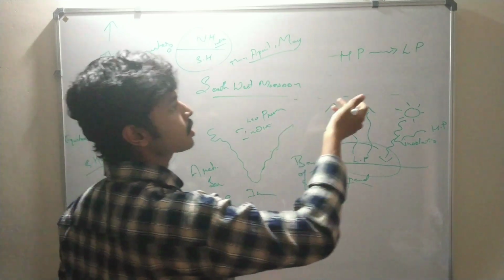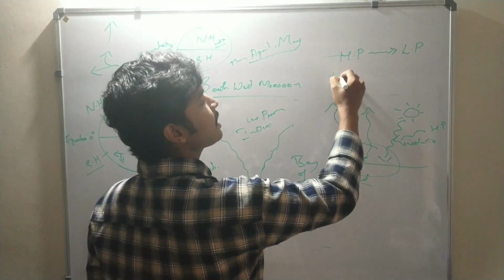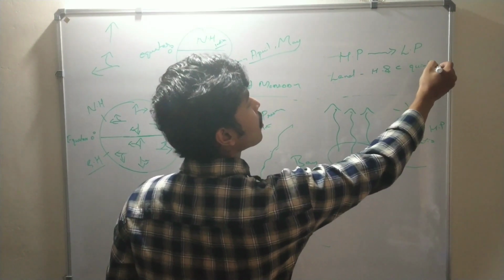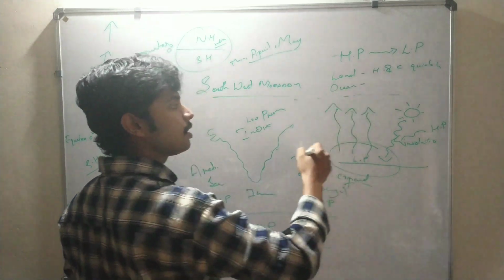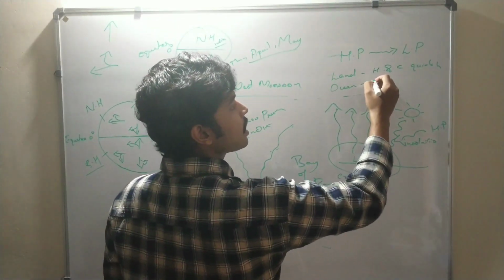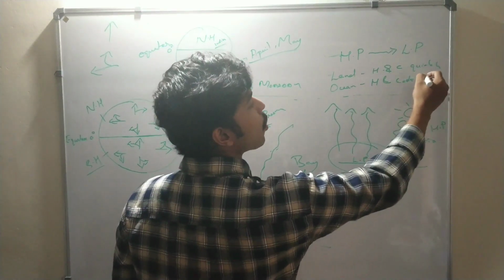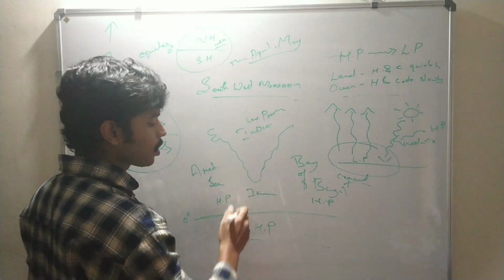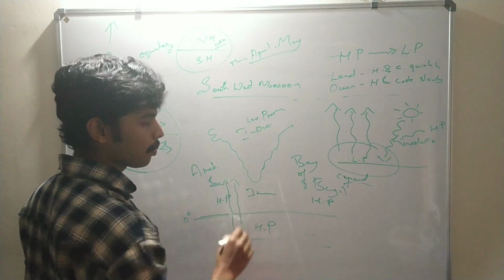It's because the land heats and cools quickly, while the ocean, the water or sea, heats and cools slowly. So they will have high pressure over this region. The wind always blows from high pressure to low pressure.